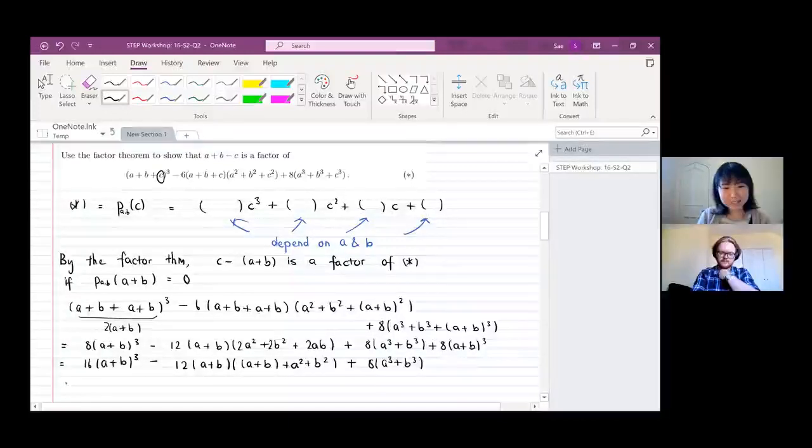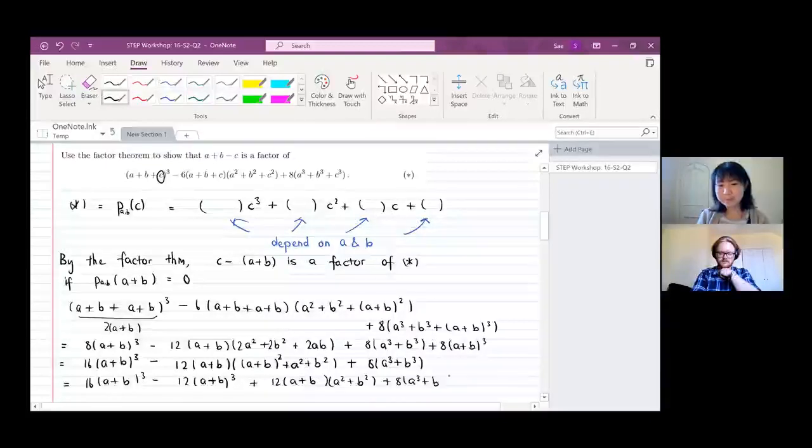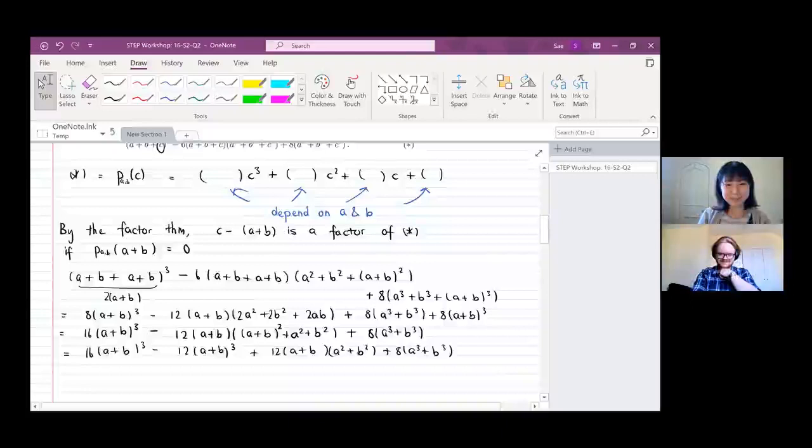And then the reason I've done this is because then I have a plus b cubed and then a 12(a plus b)(a squared plus b squared) plus 8(a cubed plus b cubed). Hopefully that makes sense. That was a bit of a roundabout way to do it, but yes. And then we have a 16 minus a 12, (a plus b) cubed, so that's a 4(a plus b) cubed.